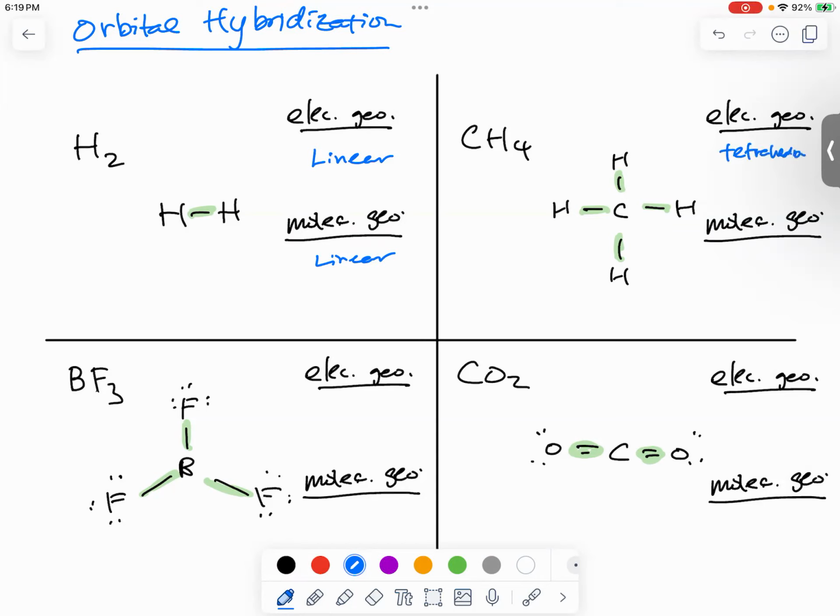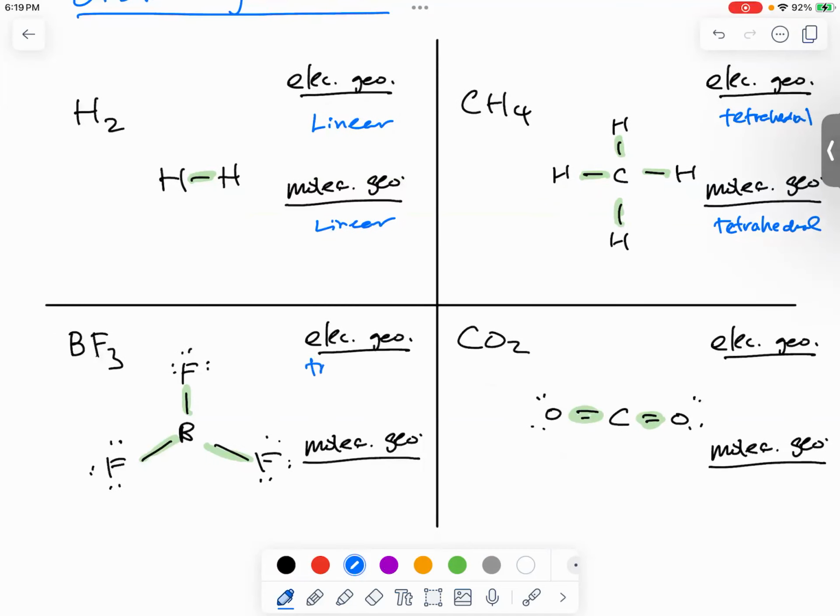If you look at all four structures, there are no lone pair electrons at the center, so the electronic and molecular geometries would all be the same. We have trigonal planar for BF3, and linear for CO2.